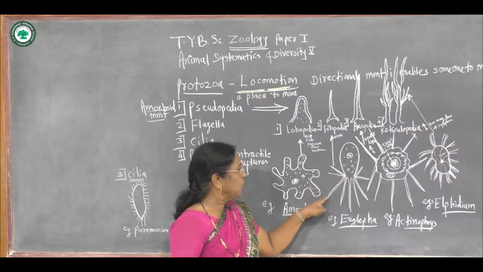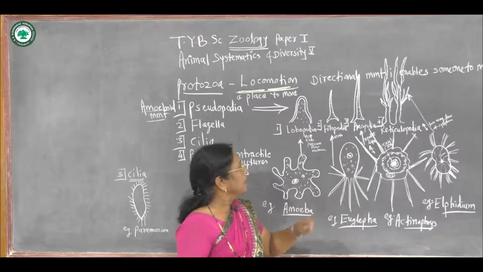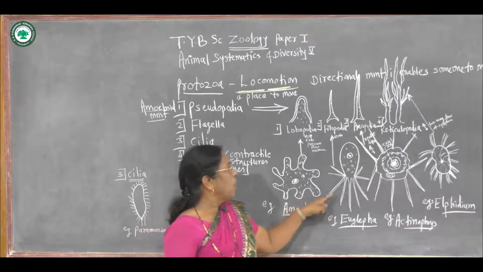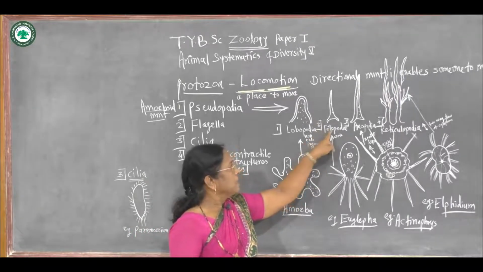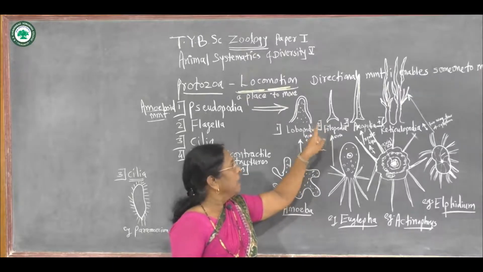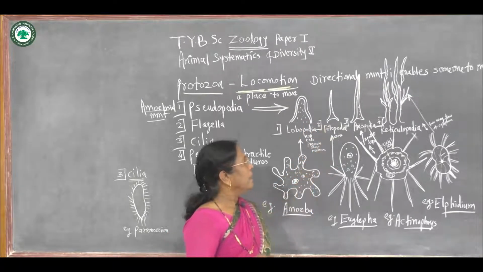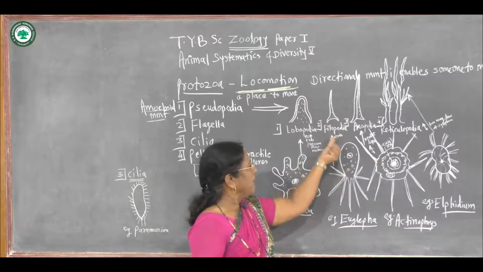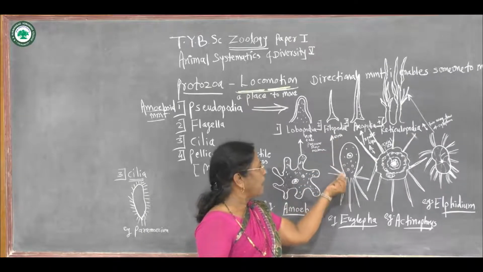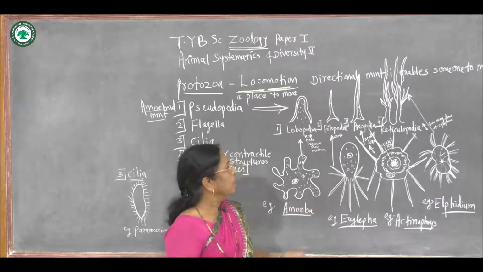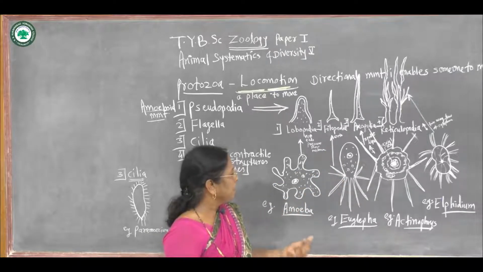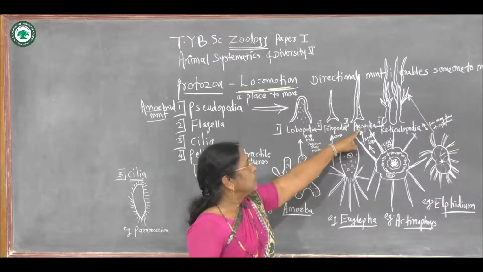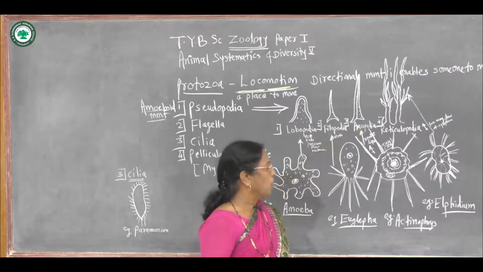From base to tip they are filament like or fine thread like, hence they are called filopodia. Its name is again derived from this filament-like structure. These filopodia are formed only due to the pressure of ectoplasm. Example Euglypha.